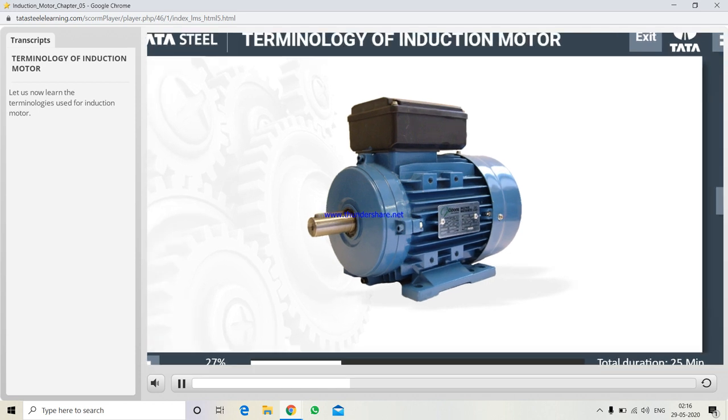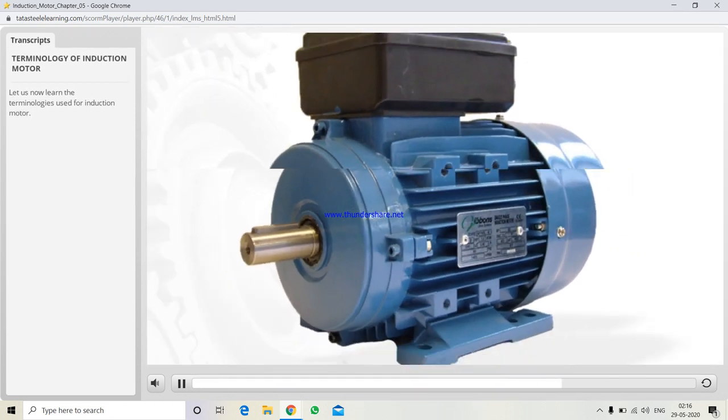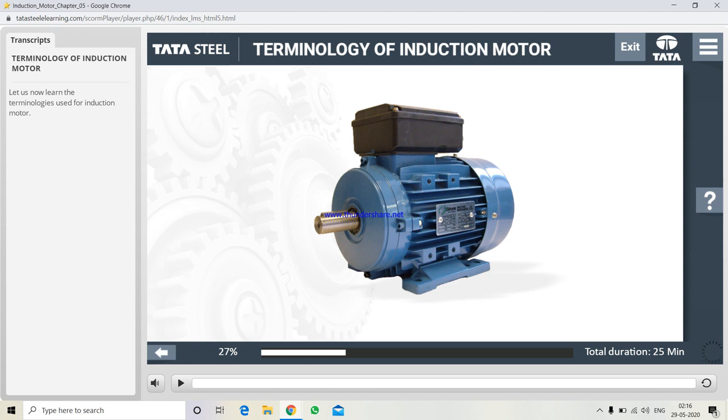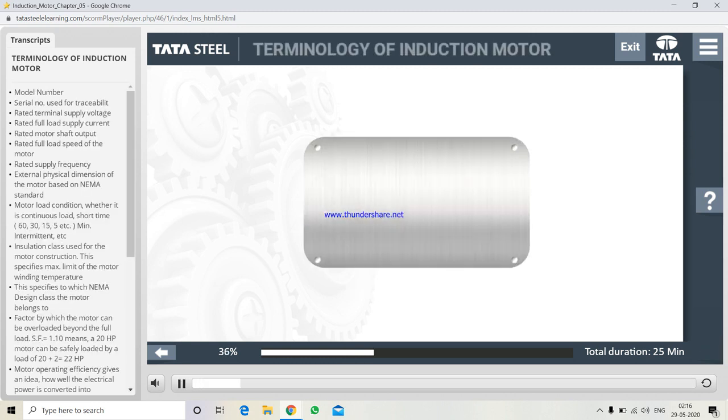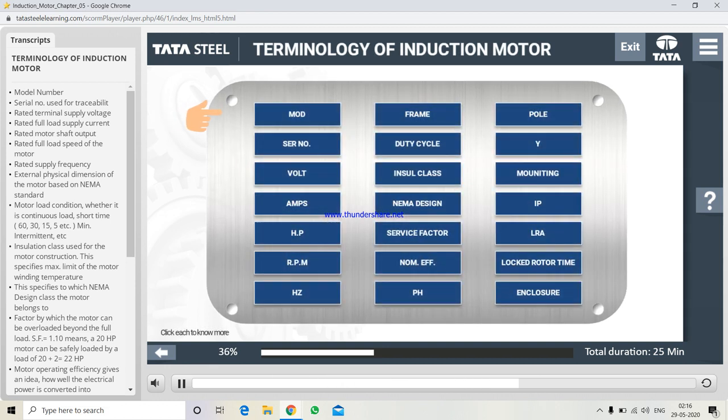Let us now learn the terminologies used for induction motor. Click each to know more.